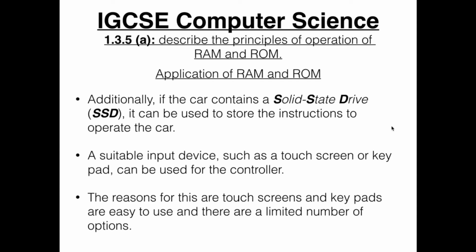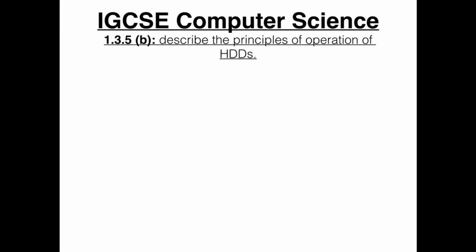So a touchscreen would be suitable because there aren't that many buttons, maybe 5 or 6, whereas a keyboard has quite a bit. So it's suitable to use a touchscreen or keypad. And also, they're easier to use because with a touchscreen you're seeing a button that says move forward, or an arrow or something like that. So simple to use.